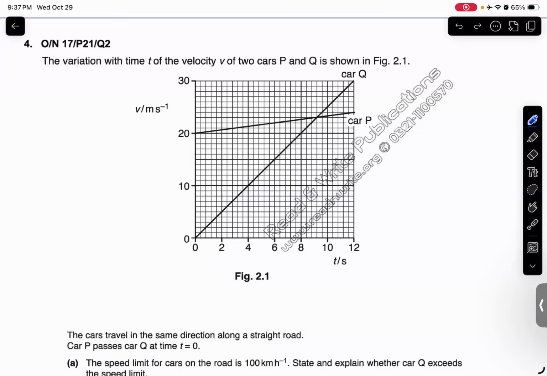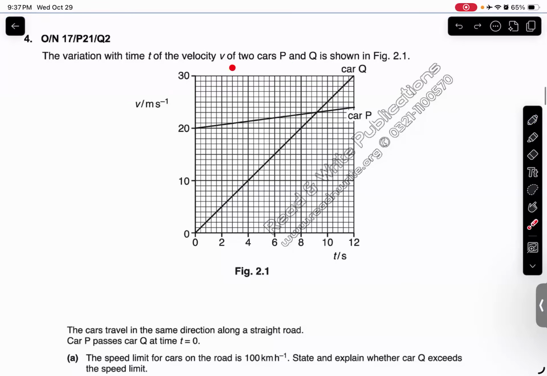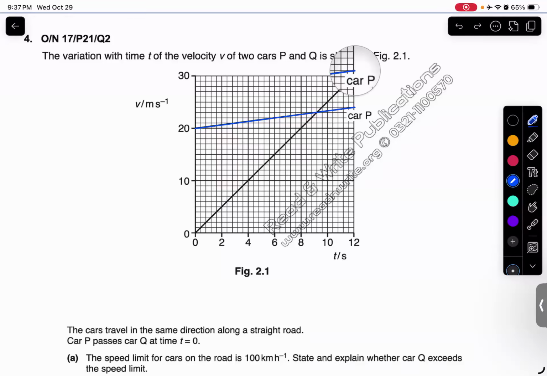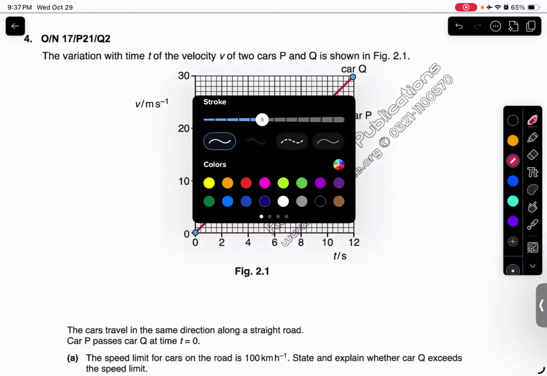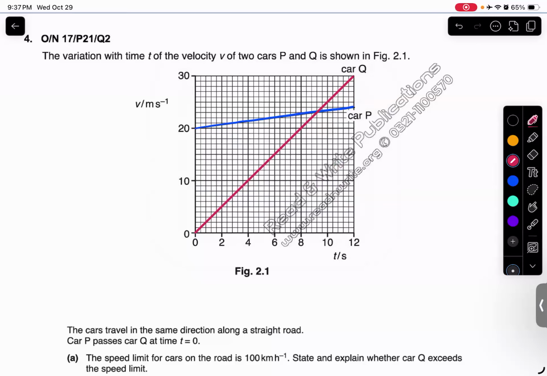Okay. So it says that this is a velocity-time graph of two cars, car P and car Q. I'm going to use a blue line for car P, and I'm going to use a red line for car Q. Car Q has a velocity-time graph like this, and car P has a velocity-time graph like this.